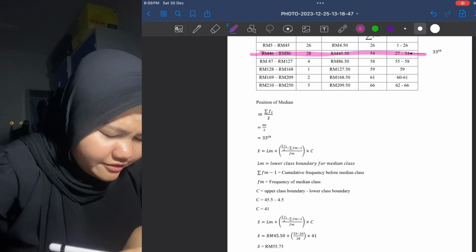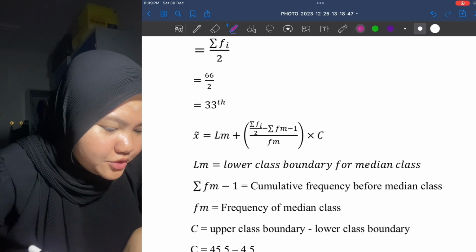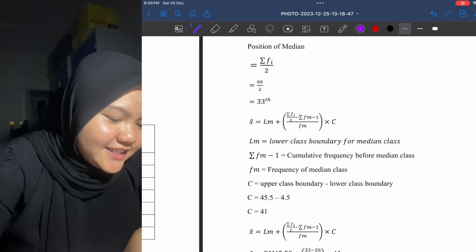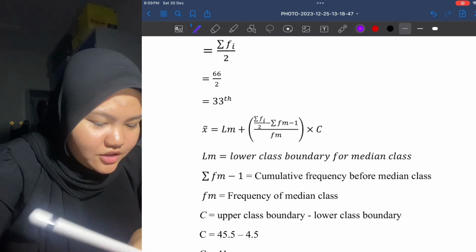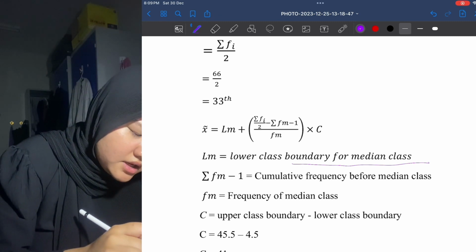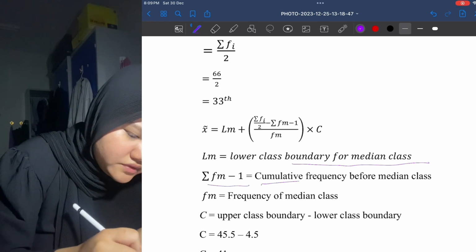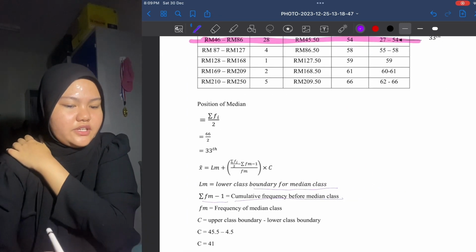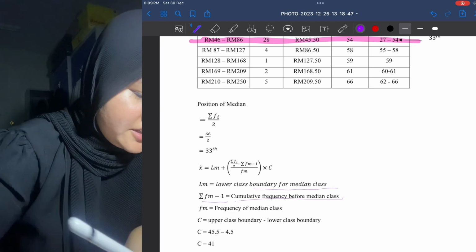To find the median, you have to know this very complicated formula. LM is the lower class boundary for the median class, and F is the cumulative frequency before the median class. Let's find the value of LM first.